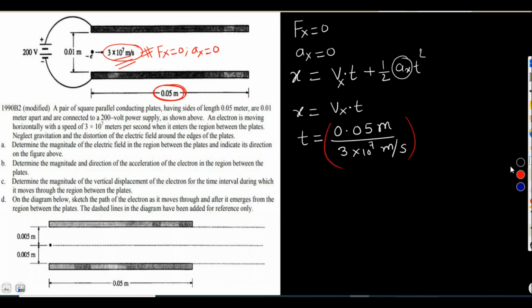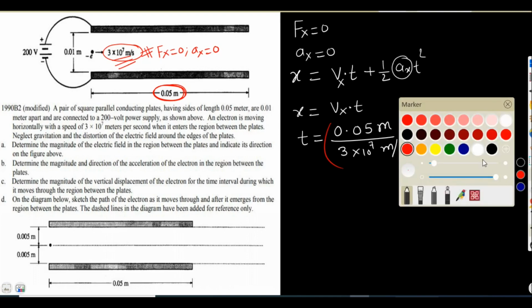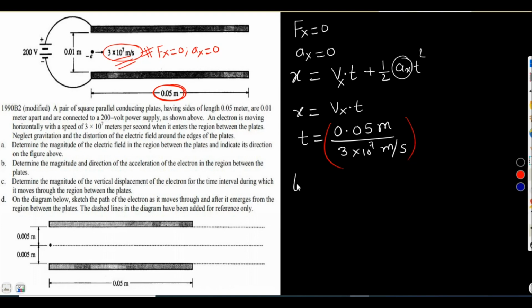So this is the value of time during which the electron will pass through this space. After calculating this value, we will put it in another equation to find the vertical displacement.